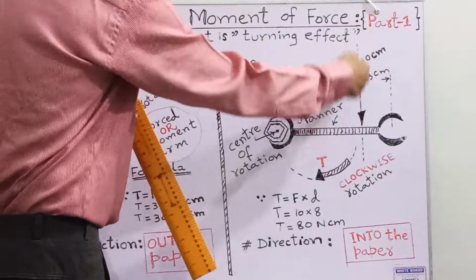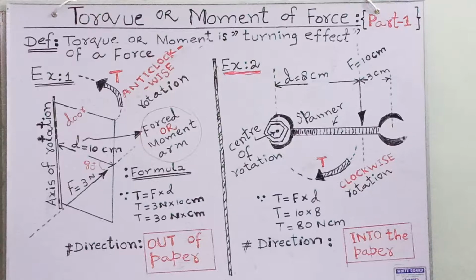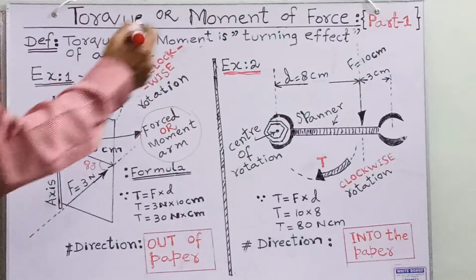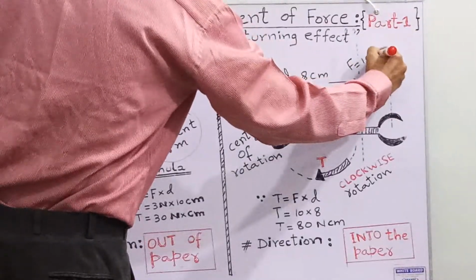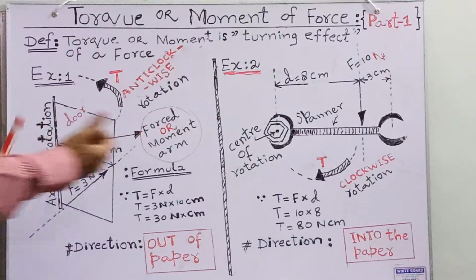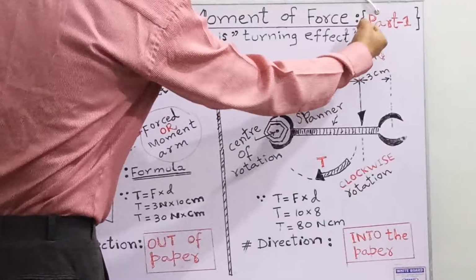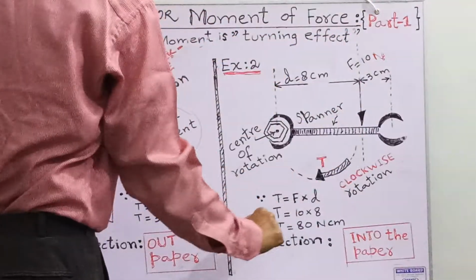This is the force applied, and force is measured in Newton. Now, if I want to make it turn in the downward direction, then I will apply the force in the downward direction.